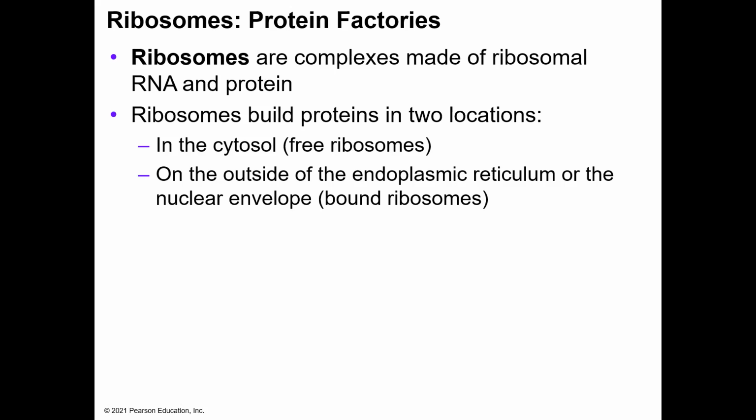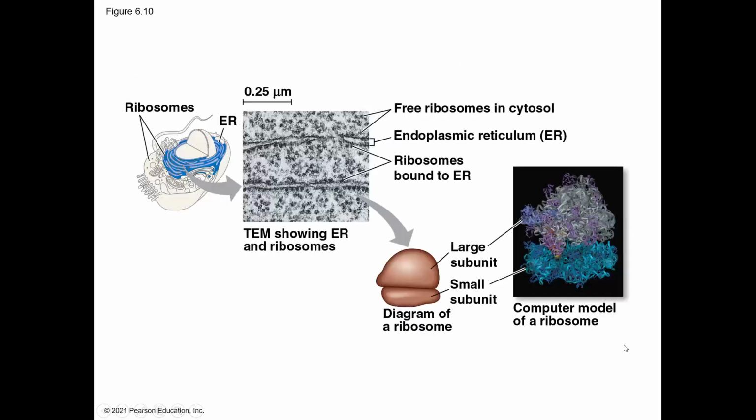Another location for ribosomes is on the outside of the endoplasmic reticulum. And so this is where ribosomes will be bound to the endoplasmic reticulum, or what we commonly call the rough ER. So in this image, I just want to show you that ribosomes are actually made up of two subunits.